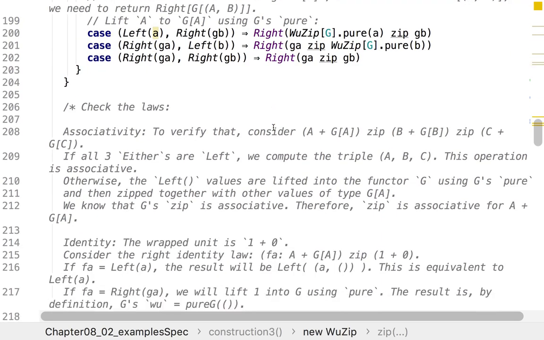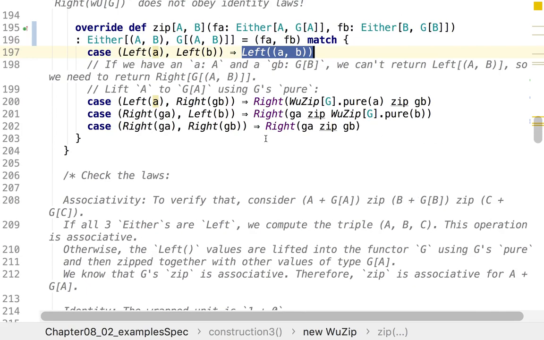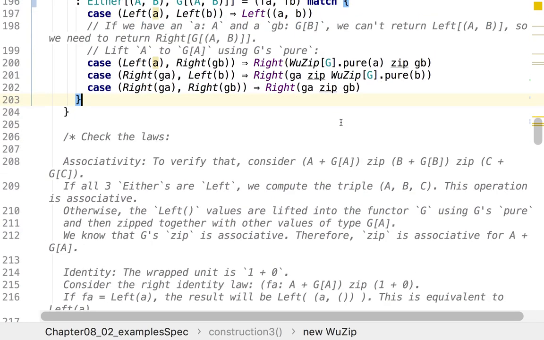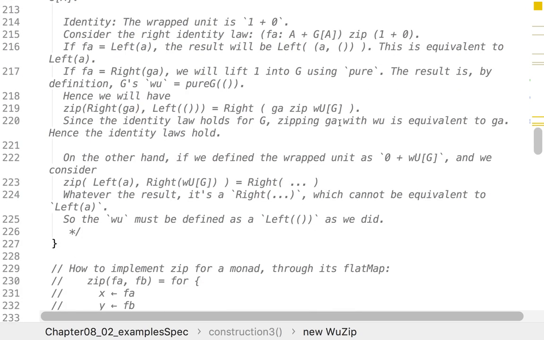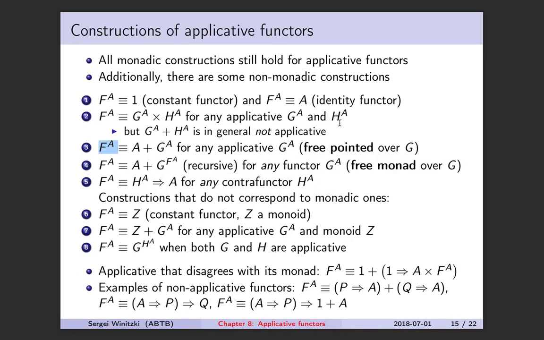And so the identity law would have no chance. And so in this way we see that this implementation is the only one that respects the laws. There are several implementations that are of the right type signatures, but only one implementation respects the laws. So that's an interesting situation which happens for this construction.